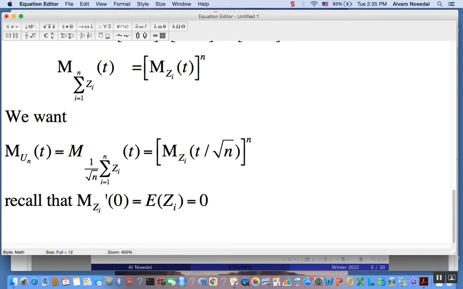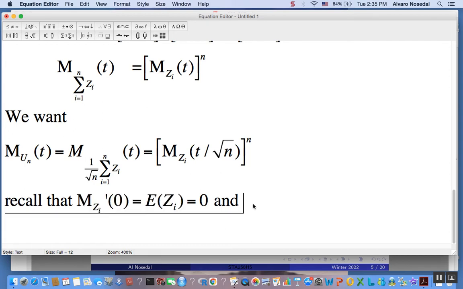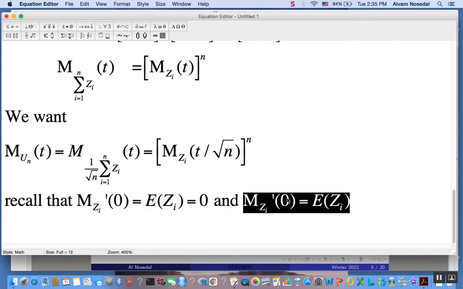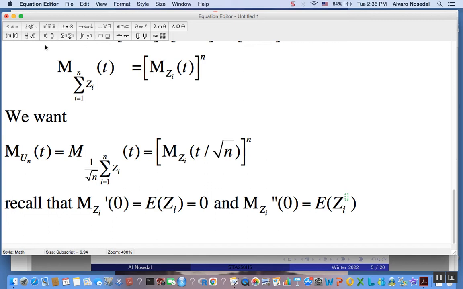at 0 is going to be the expected value of Zi, but that we know is 0, right? Okay, and also, we know that if we do something like this with the second derivative, what we're going to have is the expected value of Z squared. But since the expected value is 0, that is the same as its variance, right?